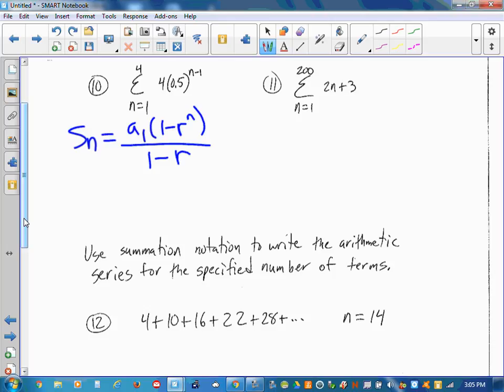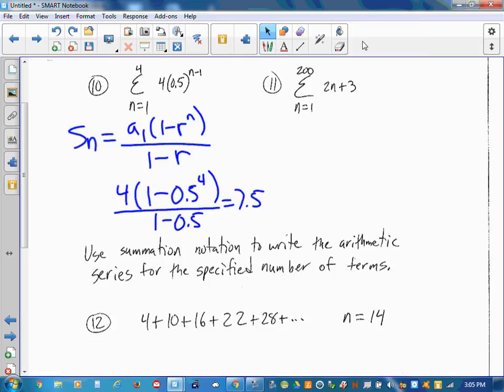No. First term is 4 because I just figured that out. And then 1 minus the common ratio, which is a half. And to the power, whoops, I need to put the exponent in there before I do the parentheses. It's 1 to 4, so n is 4. And we have 1 minus r, 1 minus a half. And you type all that into the calculator, and I hope that it's 7.5.